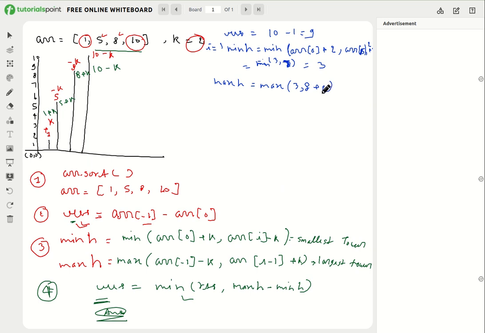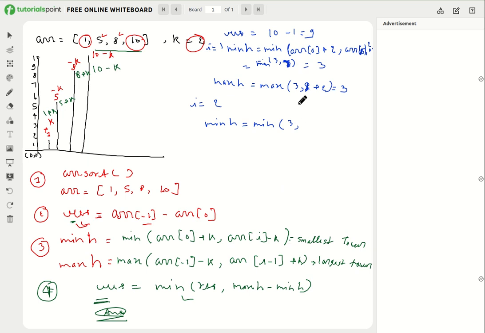We are running for iteration 1, so it will also be 5. And for this we have I minus 1, so it will be 1. Then 1 plus 2 is 3, so the maximum will be 3. So like this we will go to iteration 2, and our minimum height is the minimum of this 3.